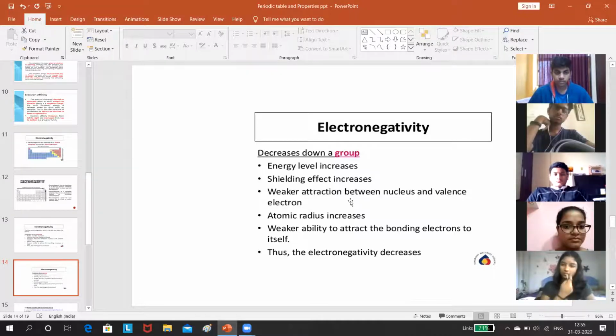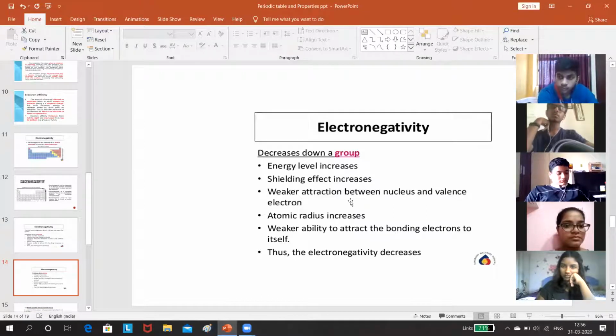If the distance is more, the nucleus cannot attract the electrons. We know that nucleus and electron are oppositely charged, they attract each other. If the distance between nucleus and electron is less, the attraction will be more. If the distance is large, the attractive tendency will decrease.